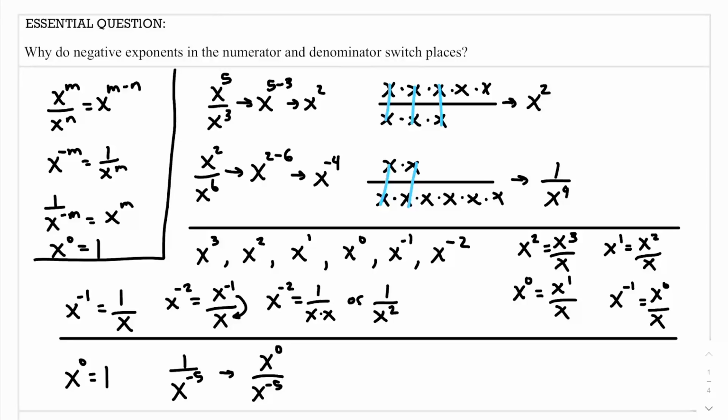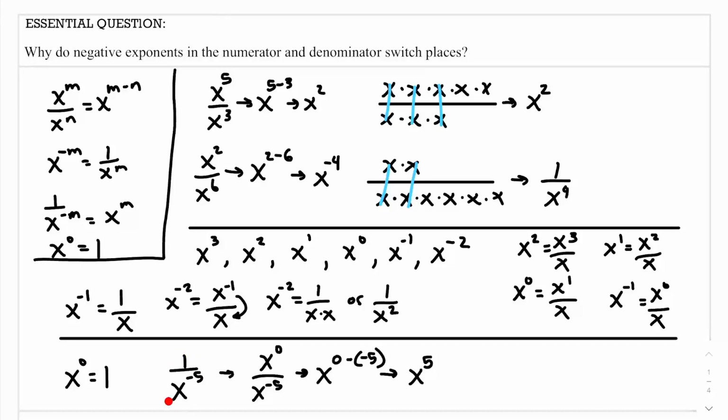Now we're going to apply our quotient rule. We're going to subtract them. So that would be x to the 0 minus negative 5. We're subtracting the denominator. When we subtract a negative, that becomes plus, so that becomes x to the positive 5 power.